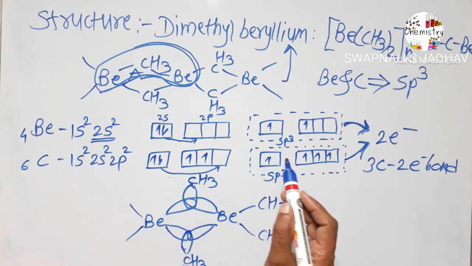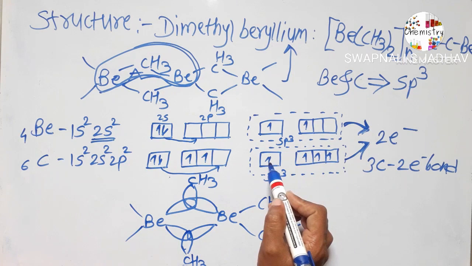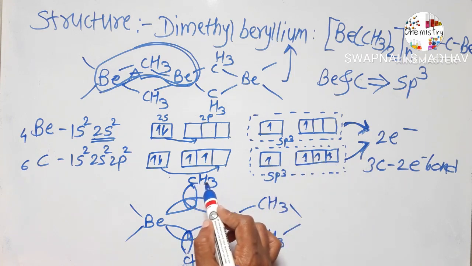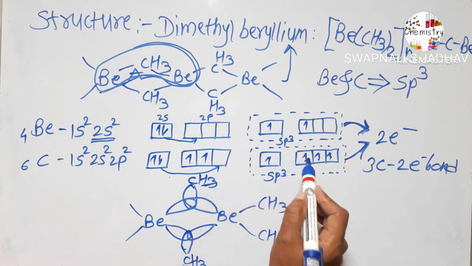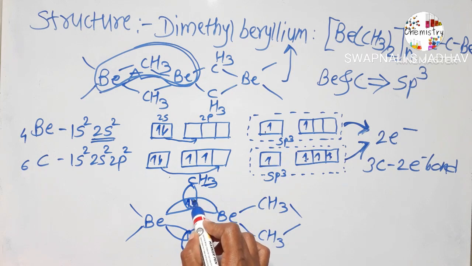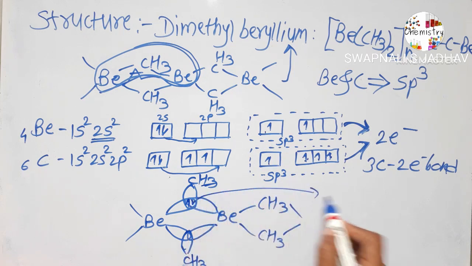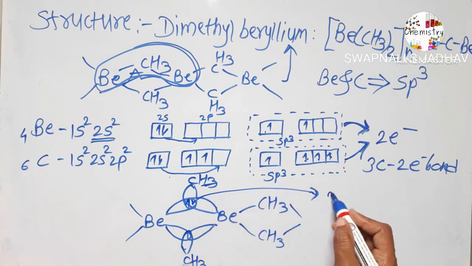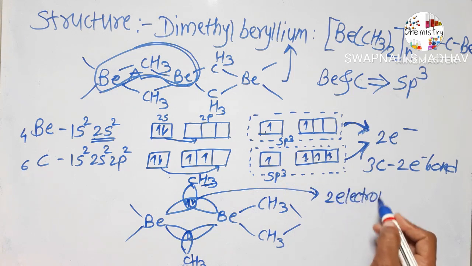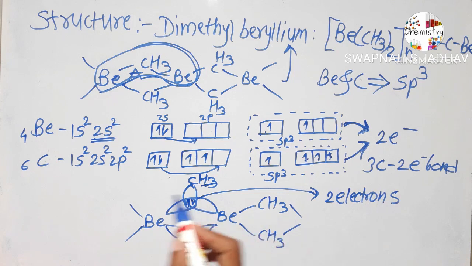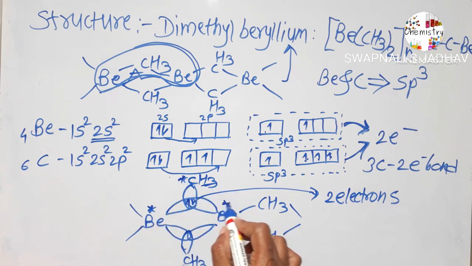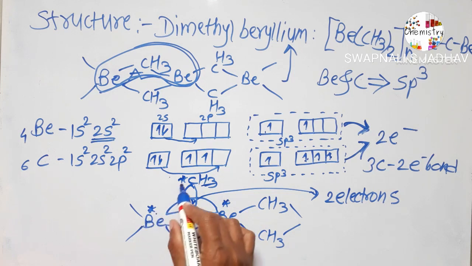So what happened? This carbon contains how many electrons? 1, 2, 3, 4. Three electrons from CH3, then here 1 electron and 1 electron from beryllium. Likewise, it contains 2 electrons, and the center is beryllium, carbon, beryllium. That means 3 centered.